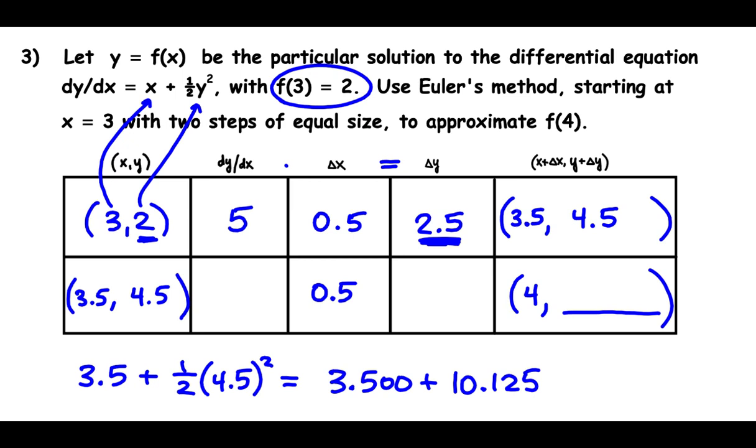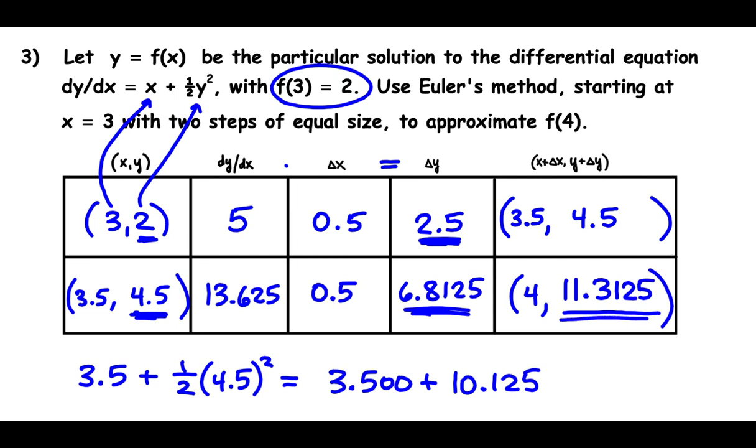That's going to end up being 13.625. Whew. Cut that in half. Let me get a calculator here, just to be safe. 6.8125. We'll take that and add it on to the 4.5 that we already had, giving us an answer of, and here it is, 11.3125.